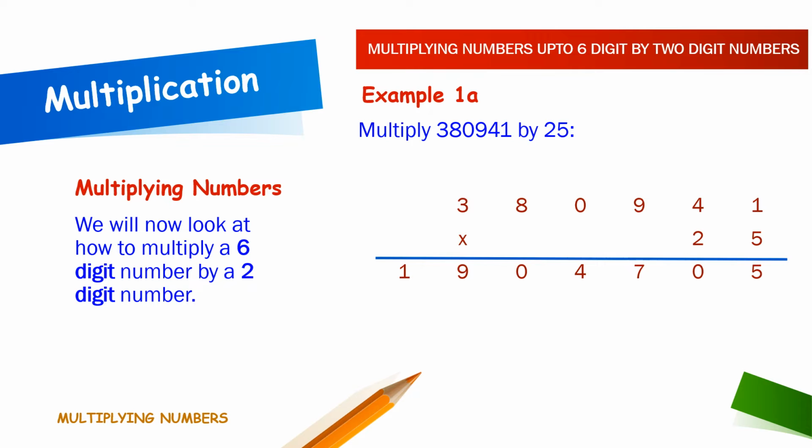We now need to multiply our 6-digit number by the 2. This is actually a 20, so we need to add 0 in the units in the next row down in our calculation, as shown. We can now progress as we did previously.